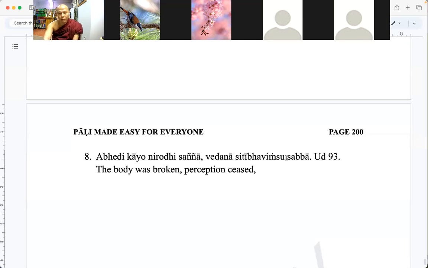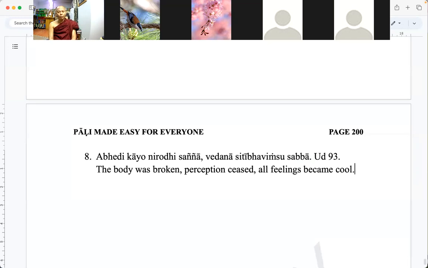Okay, Vedana means feelings, all feelings. And then sitibhavainsu, so became, because past tense, became so cool. Sitibhavainsu became cool.